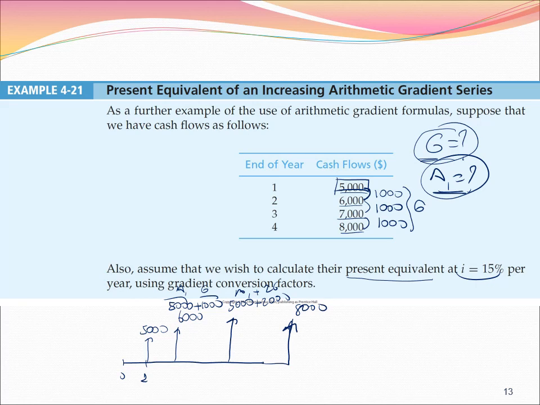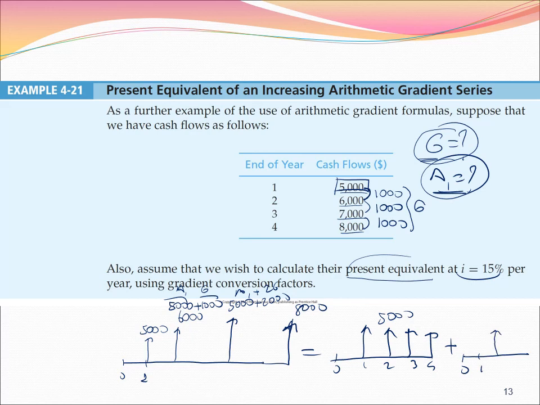Okay, and we want to find its present value, and simply we need to convert this into two payment series. One is an equal payment amount of 5,000 for 1, 2, 3, 4 periods, plus the second one will be a gradient increase of 1000, and for the fourth we have 3000.